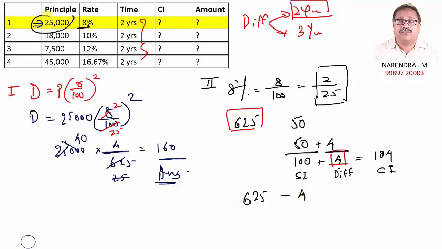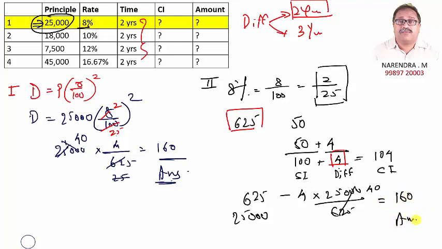When the principal is 25,000, what will be the difference? So into 25,000 divided by 625. Now we have already checked it here. It gets cancelled 40 times with 625, and 40 into 4 is 160.